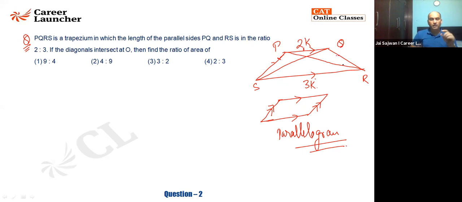But if you leave one vertex and connect the other, this is known as a diagonal. Fine. So the diagonals intersect at point O. Find the ratio of the area of triangle POQ to the area of triangle SOR. This is what you need to find out. Fine. It is a complete question.